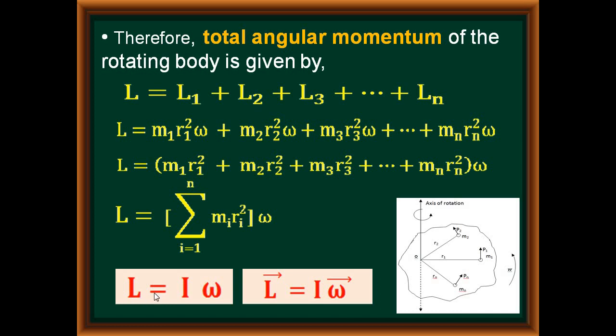Therefore, we can write L equal to I into omega. This angular momentum is a vector quantity, and therefore vector L is equal to I into vector omega. This is the required equation of the angular momentum of a rotating body. This rotating body must have a small thickness.